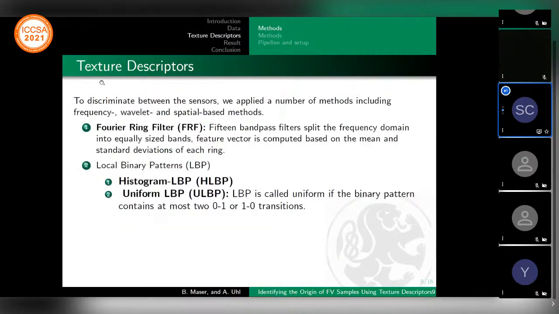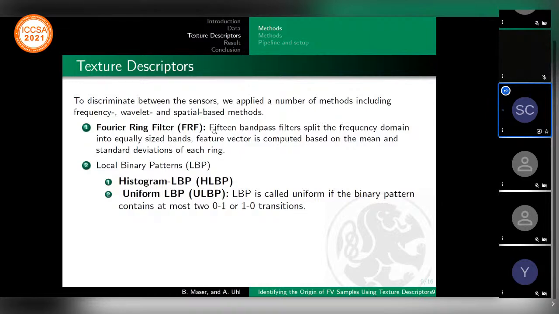Next we want to present the different texture descriptors. To discriminate between the sensors, which means also between the 8 databases, we apply a number of methods, and these methods include frequency-based methods, wavelength-based methods, and spatial-based methods. The first method is the Fourier ring filter.